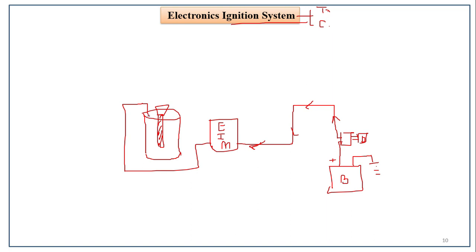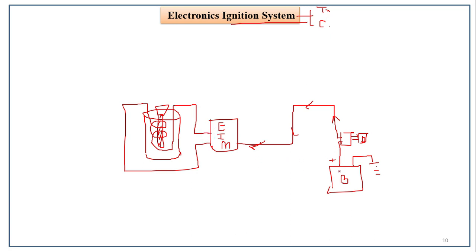We'll find a primary coil which is wound here, and the supply is again given to this electronic ignition module.